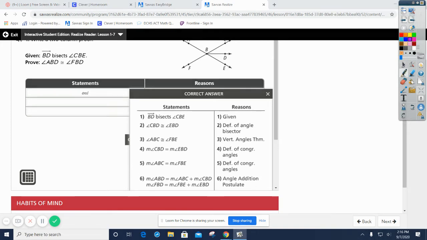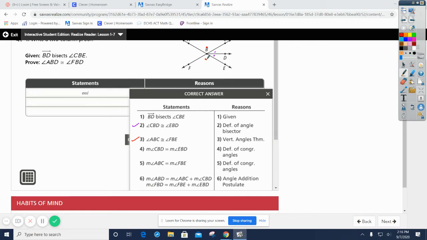All right, so this one here is saying that this angle and that angle are equal because they're bisected. And then it says that angle ABC, get a different color here, so this one here is saying that this and this are equal. Okay.